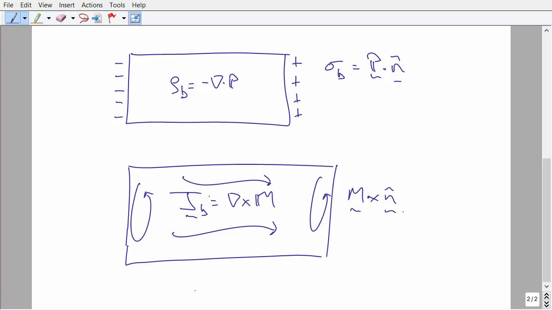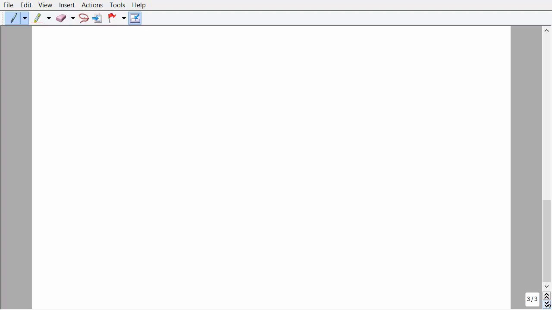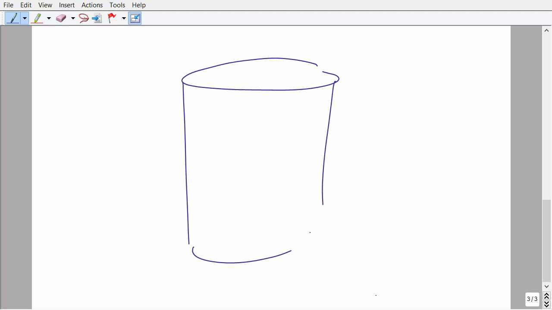Okay, so let's study these in a simple geometry, in a simple context. Imagine we have a cylinder, a magnet. Let's make it maybe a rare earth magnet, and it's cylindrical in geometry. And let's say it's got a magnetization M in this direction, and we'll make it constant.